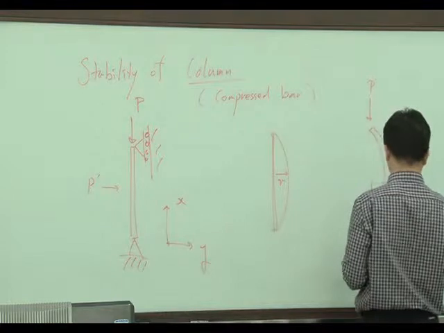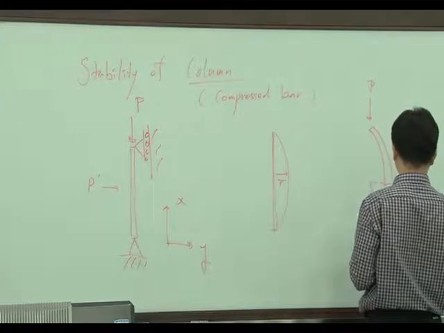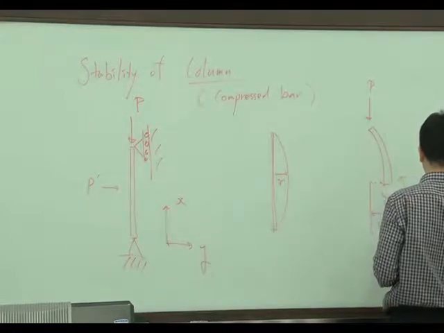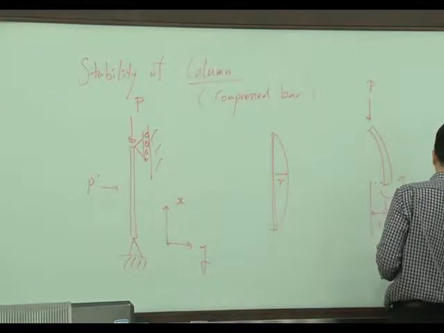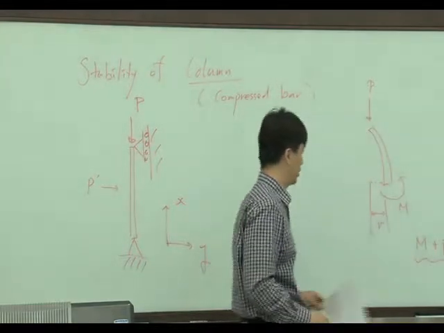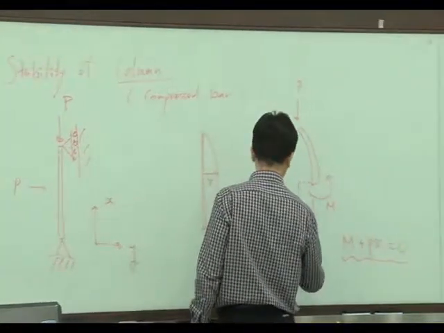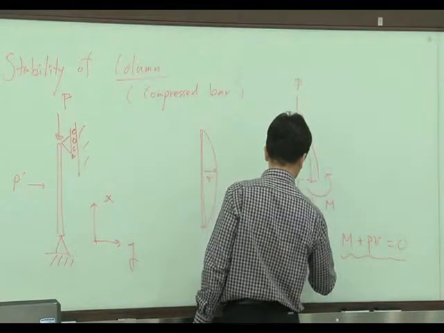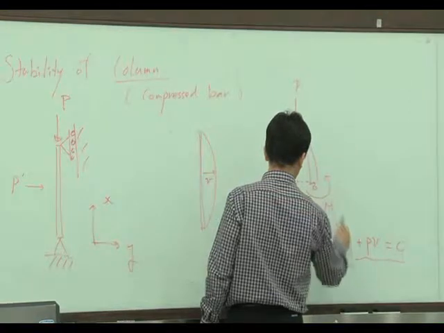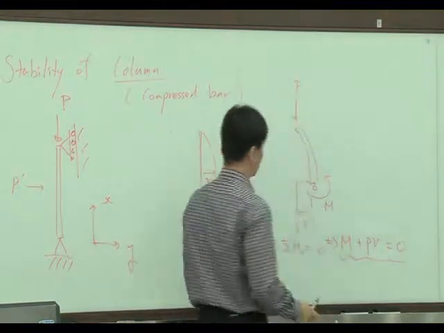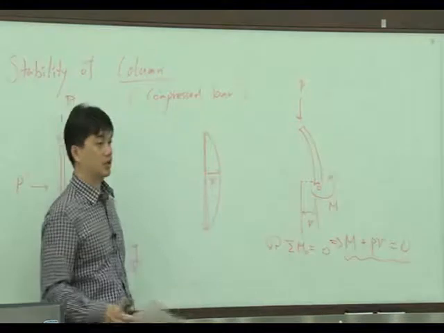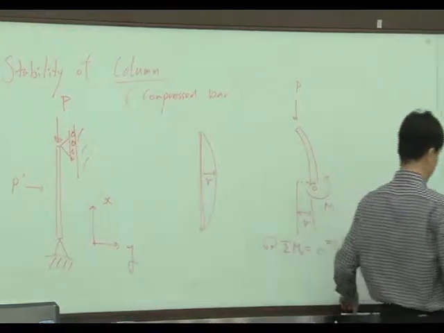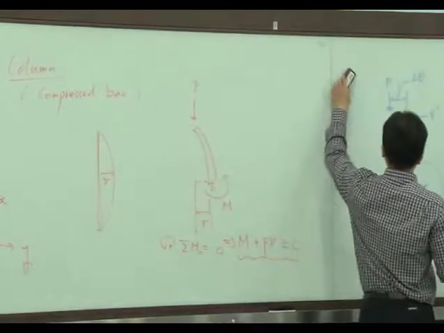Then M plus PV should be 0. This is the equation from moment equal 0. Let's say this point is 0. This will result in the equilibrium equation for moment.